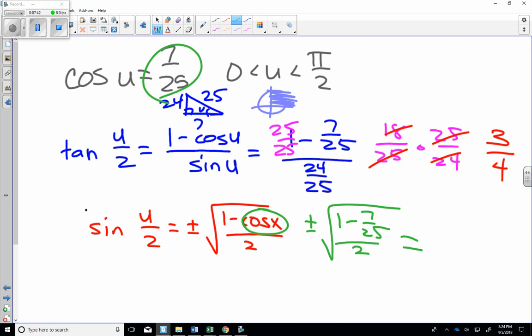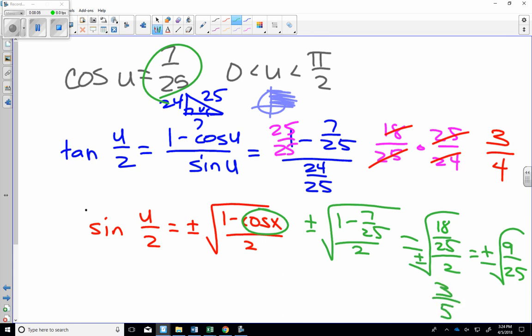And that turns into 25 over 25 minus 7 over 25 is 18/25 over 2. And that turns then into plus and minus square root of 9/25. And the square root of 9 is 3, and the square root of 25 is 5. And because our angle to begin with is in the first quadrant, and half of that would still be in the first quadrant, so it's plus 3/5.